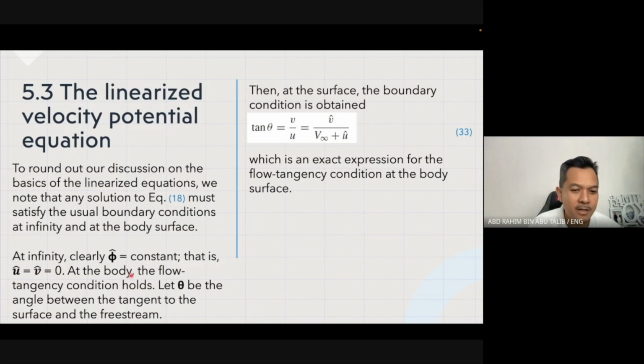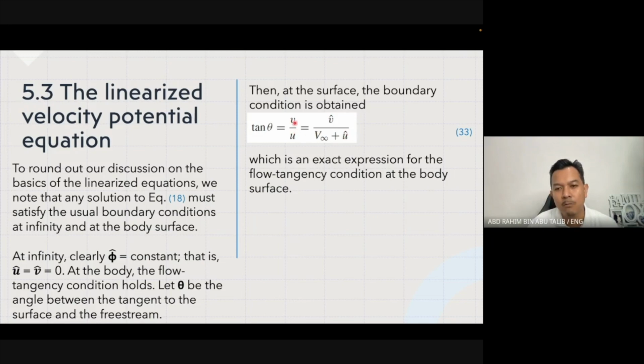At the body, the flow tangency condition holds, and let theta be the angle between the tangent to the surface and the free stream. So at the surface, the boundary condition is obtained where tangent theta equals v over u. If you refer back to figure 2 earlier, you will also see that it is the perturbation velocity v over the free stream velocity plus the perturbation velocity u.